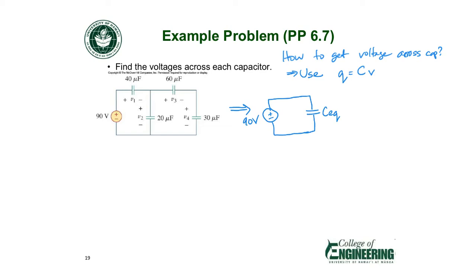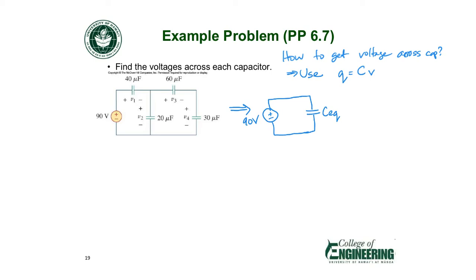What's the voltage on this capacitor? 90 volts. If we knew this value, then we would know this C. So we would know C is some value, voltage is 90 volts, and we would know the charge on this capacitor.